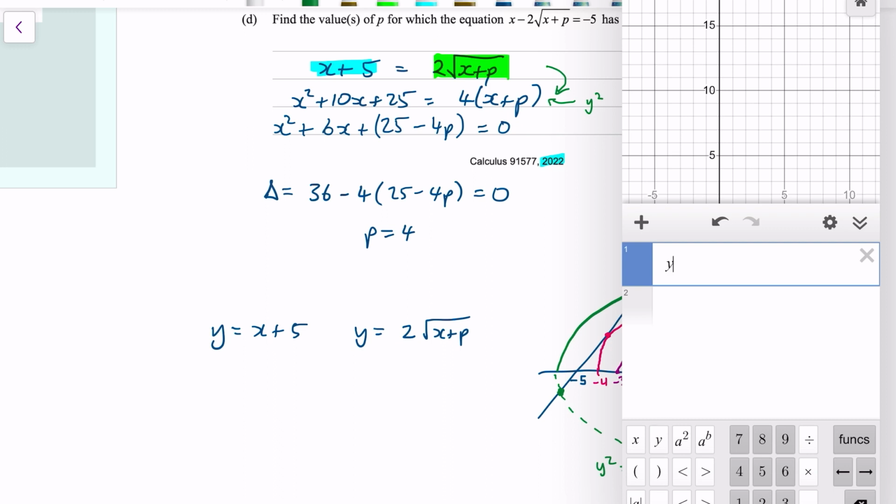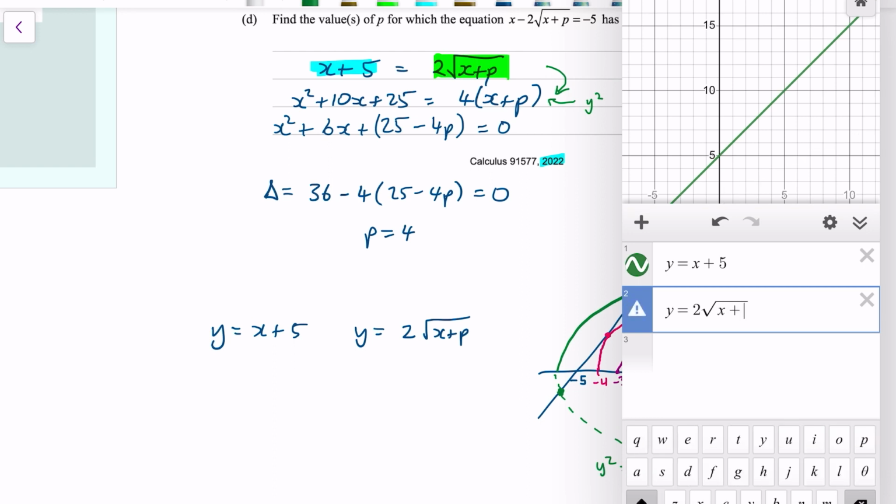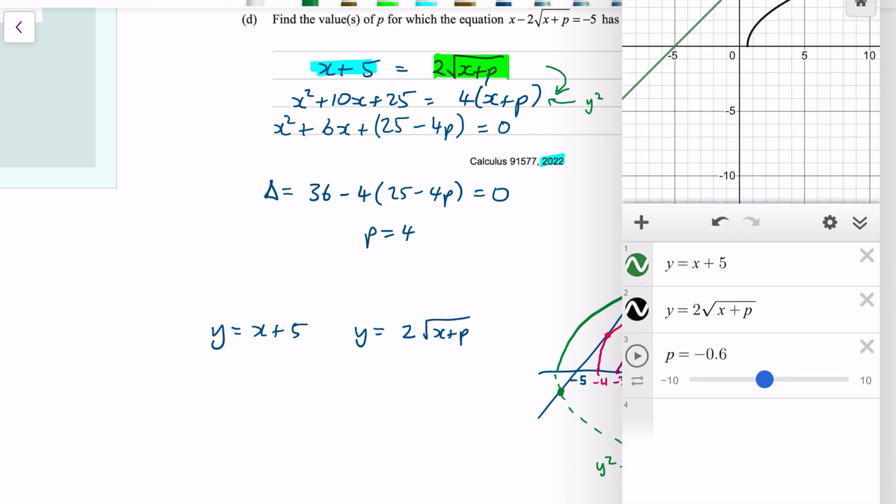So we've got y equals x plus 5, y equals 2 square root x plus p. Right, and p is equal to 4, as we expected.